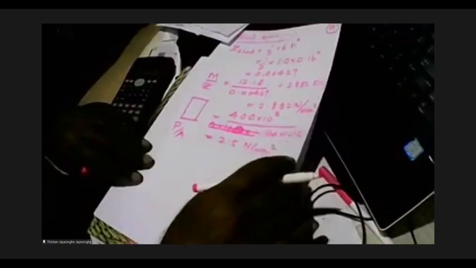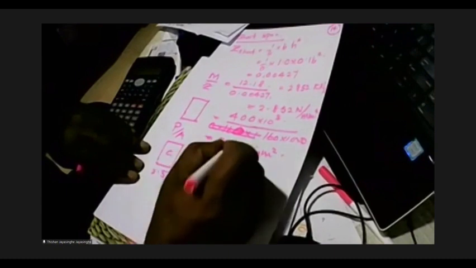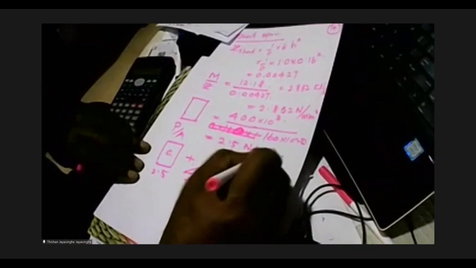So that is 2.5 newtons per millimeter squared in the long span direction. So we have 2.5 here, and due to the live load, we get compression here, tension here, compression 2.85 here.